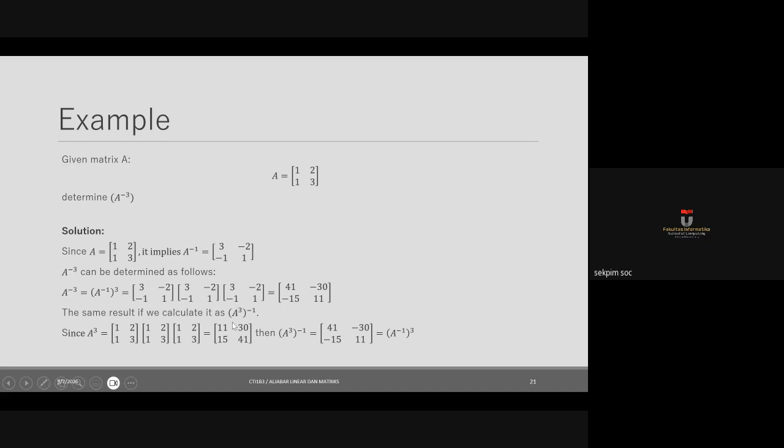And for A power minus 3, it will be equal to A inverse power 3, which is you find A inverse here and then you multiply 3 times. So you have A inverse times A inverse times A inverse such that you will get this result.